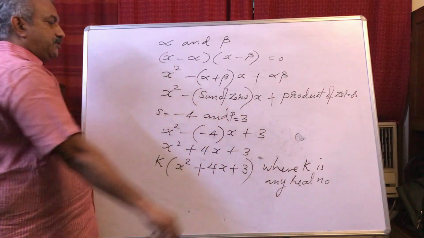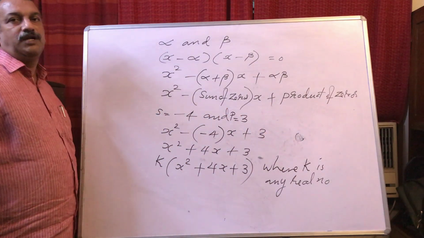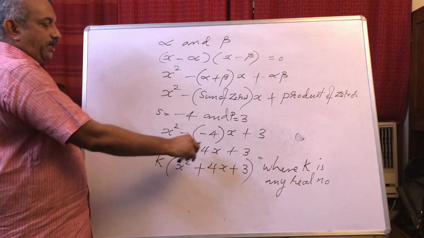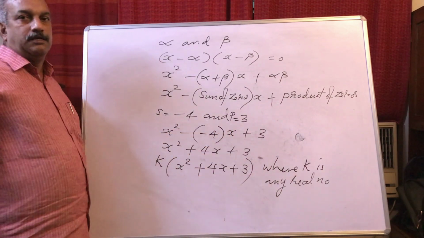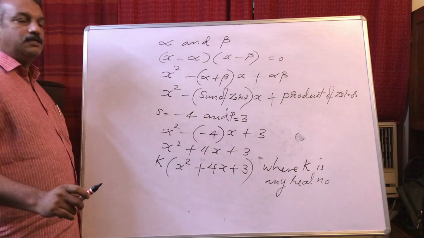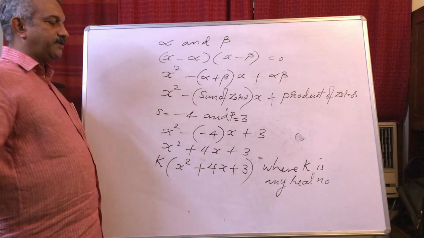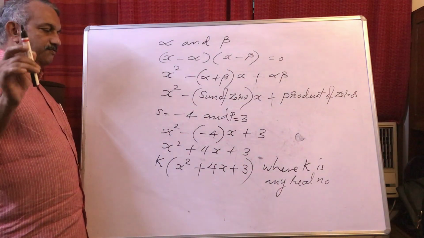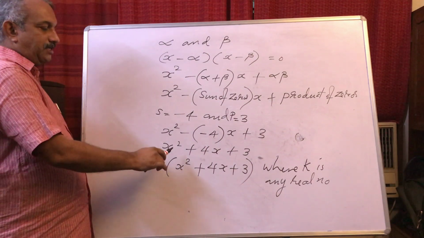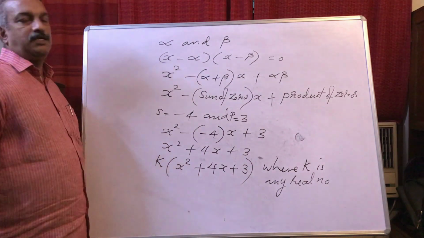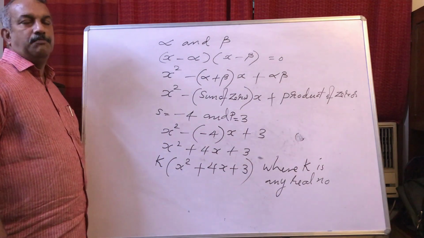The sum and product of the zeros remain the same, minus 4 and 3. If I multiply by 10: 10x square plus 40x plus 30. Again the sum and product remain the same. So if you write only x square plus 4x plus 3, you are writing only one answer, and there are infinite answers. So finally we will write k into (x square plus 4x plus 3), where k is any real number.